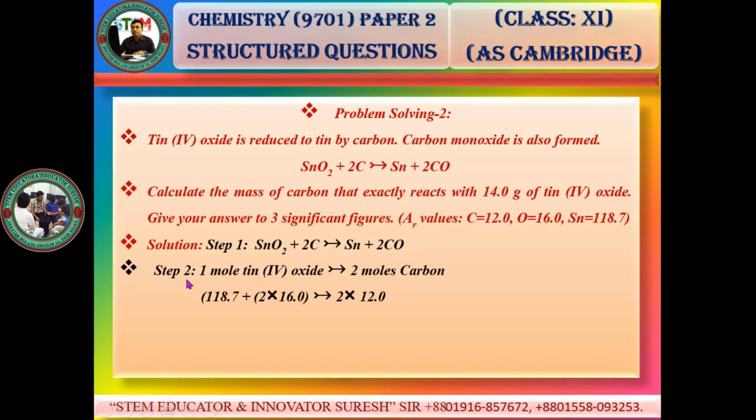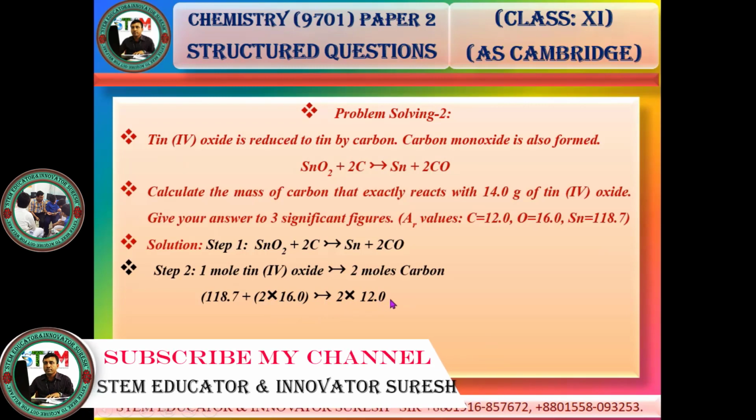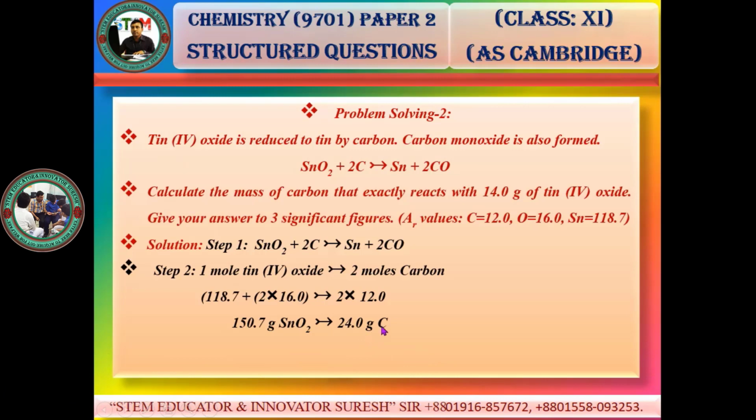Now step 2, we observe from the reaction that 1 mole tin(IV) oxide is equivalent to 2 moles of carbon, so we have to convert it to mass. 118.7 gram is the relative atomic mass of 1 atom of tin, and then 2 atoms of oxygen, 2 times 16, and 2 moles carbon is 2 times 12.0. By calculation, 150.7 gram of tin(IV) oxide is equivalent to 24.0 gram of carbon.